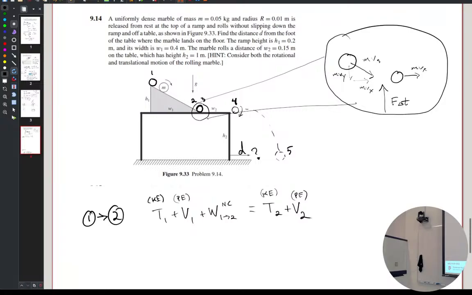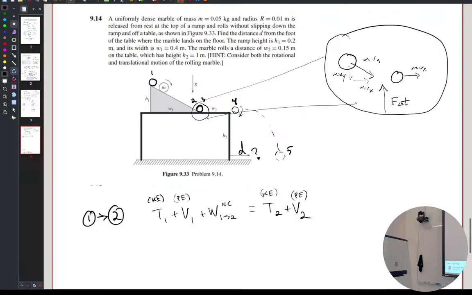Is it a release, or does it initially roll? So it should just be ME21. If we consider just height. So it should be one half MV squared. At the bottom of the slope, it's got potential.